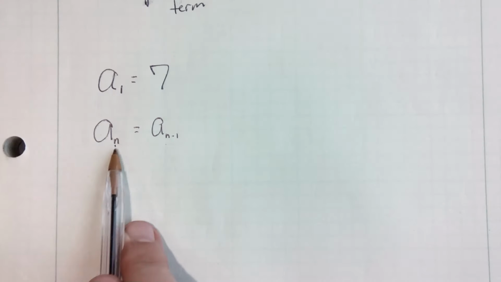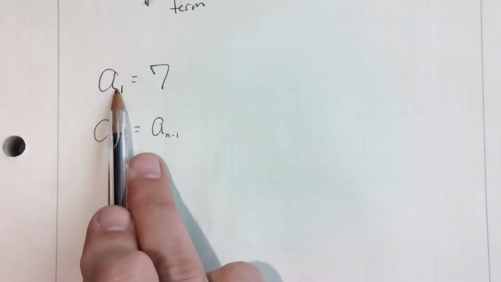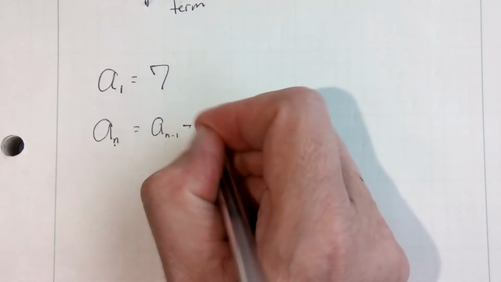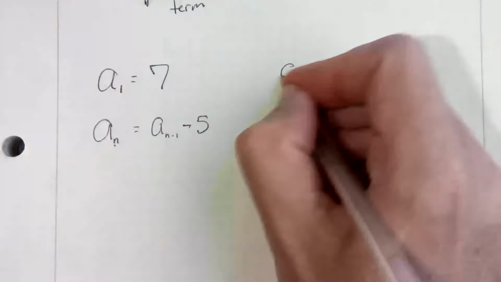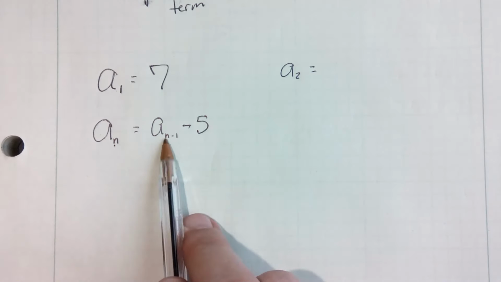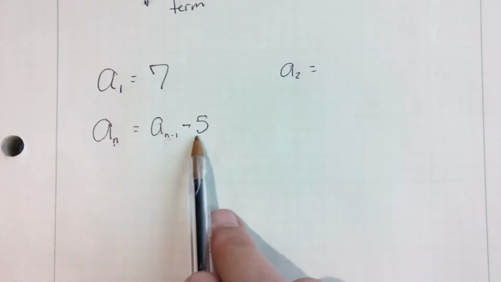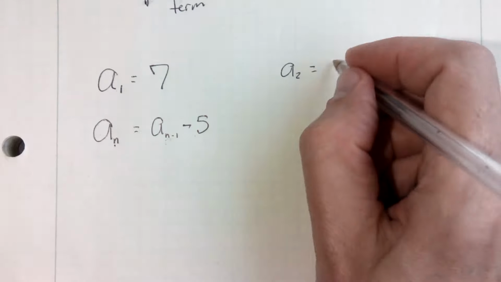Like if you put a 2 here, 2 minus 1 would be 1, you take the first term, and then whatever operation is happening to it. Let's say we're subtracting 5 this time. So then we could find the second term by taking 2 minus 1, which is the first term, and we're going to subtract 5 from 7 and get 2.